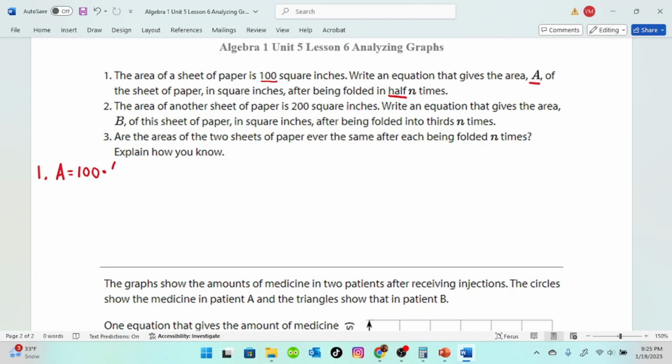So we're going to multiply by 1/2. And the last thing we need is the input, and they're telling us right here to use n for the number of times the paper is folded. So this is how we create the equation for number 1.